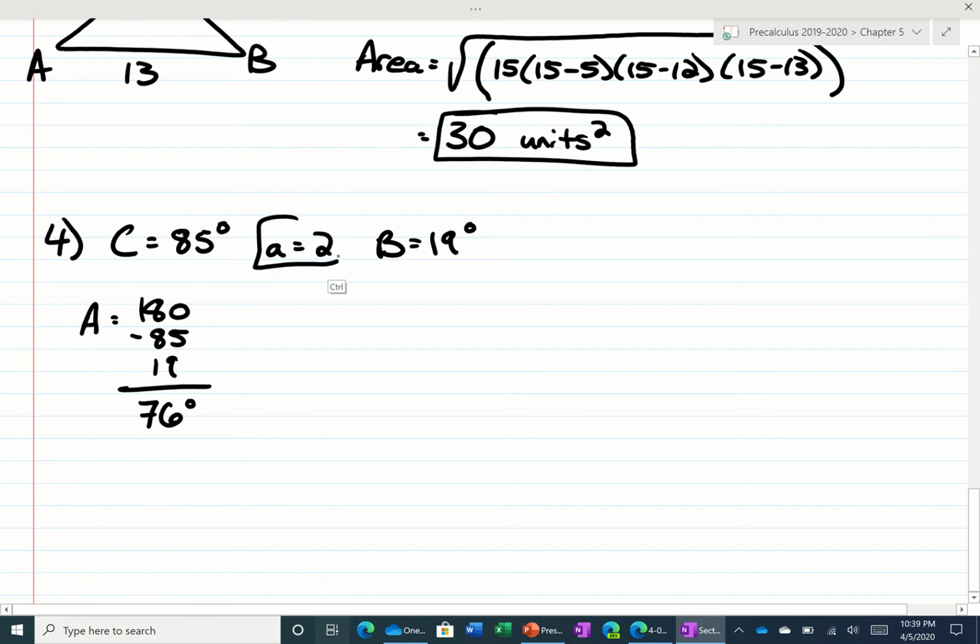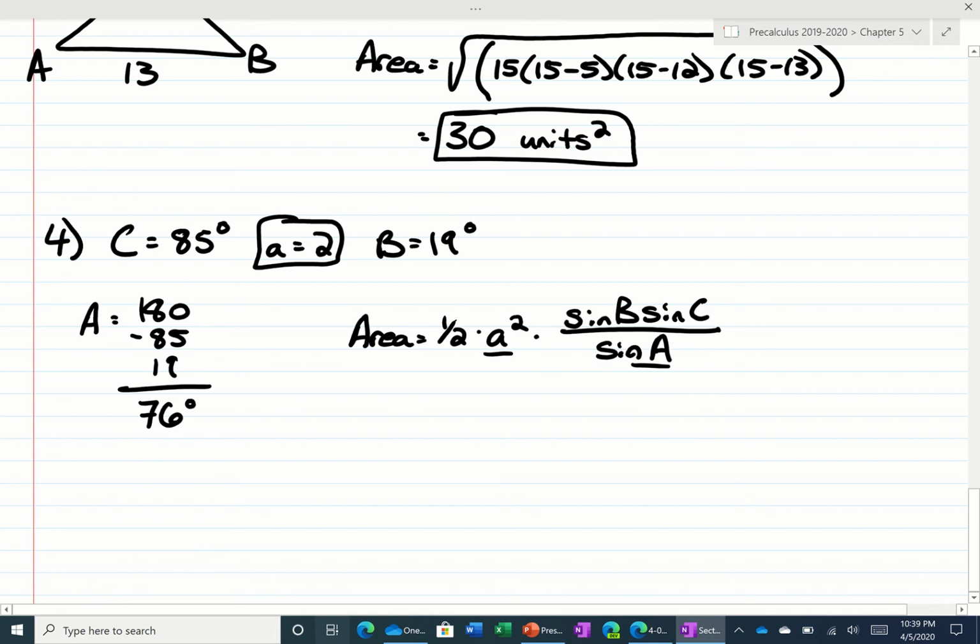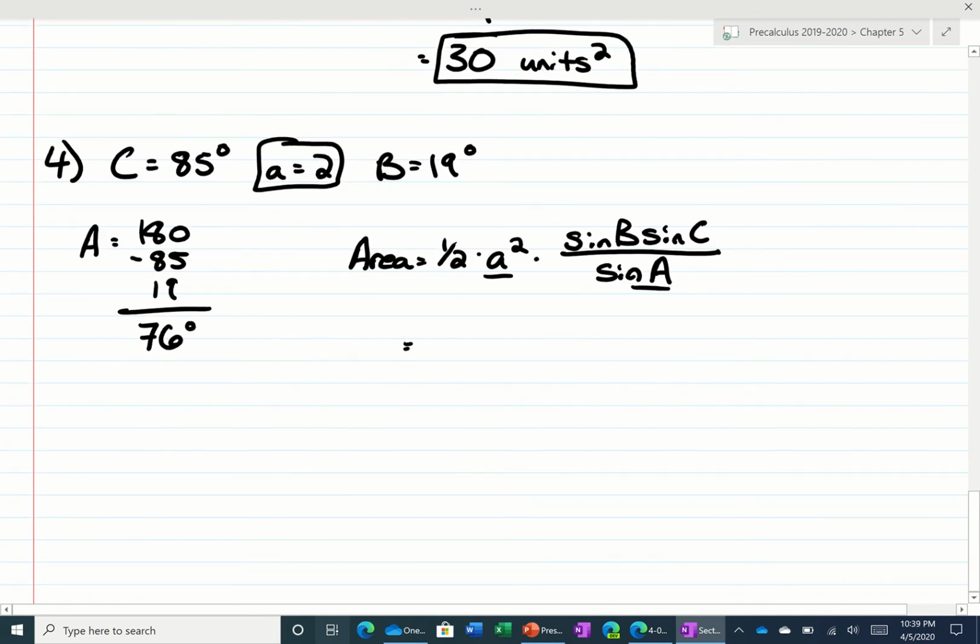And if we have one side, the formula that we're going to be using for area would be 1/2 A squared times sine B sine C all over the sine of A. This side and this angle are always opposite. So on my calculator, I'm going to type in 1/2 times 2 squared times the sine of 19 times the sine of 85, all divided by the sine of 76.